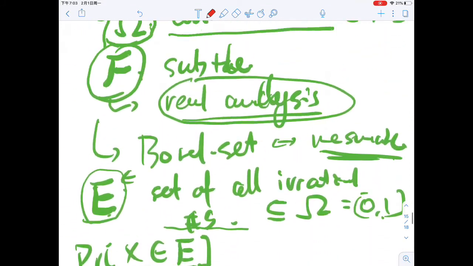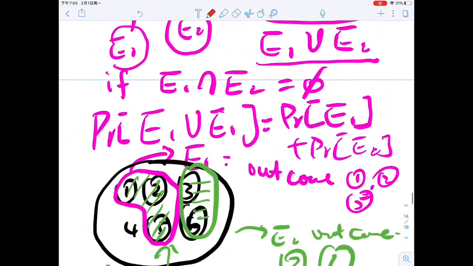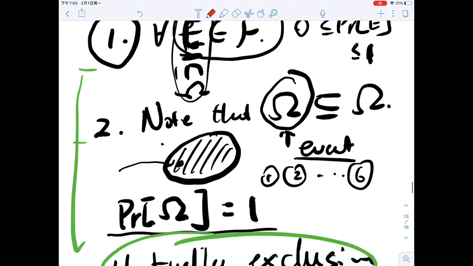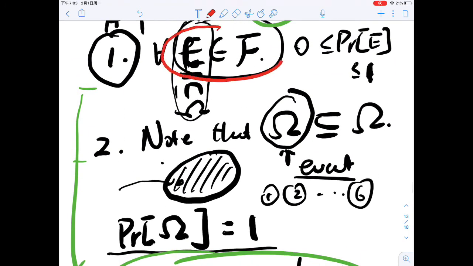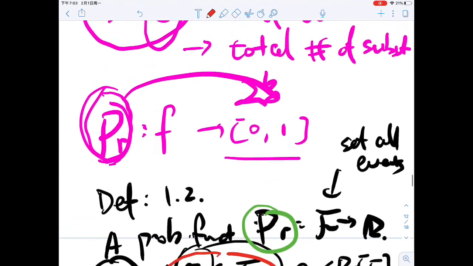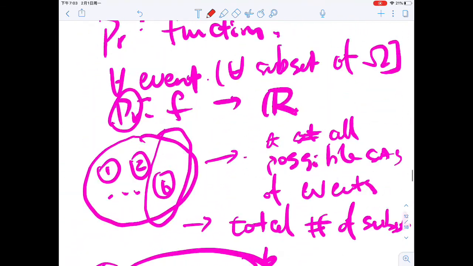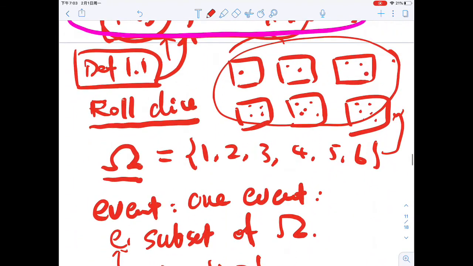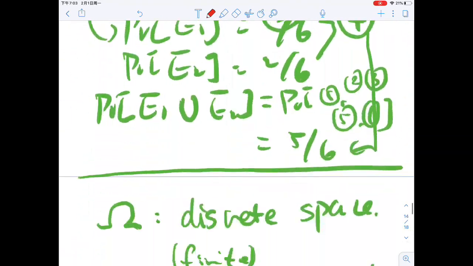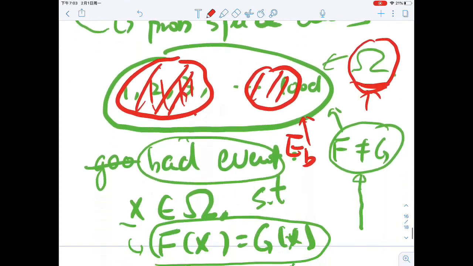As I mentioned, we need to define all three items in order to well define our probability process: the set of events, the probability function, as well as the probability space. So let's record what we have done so far.